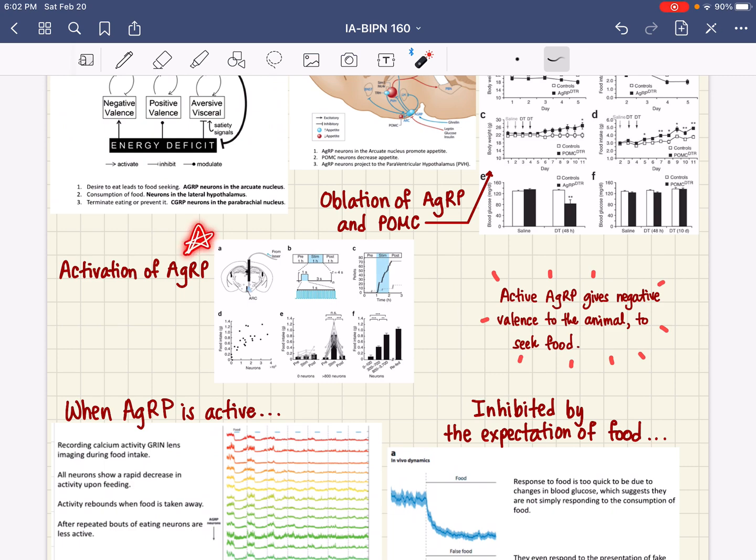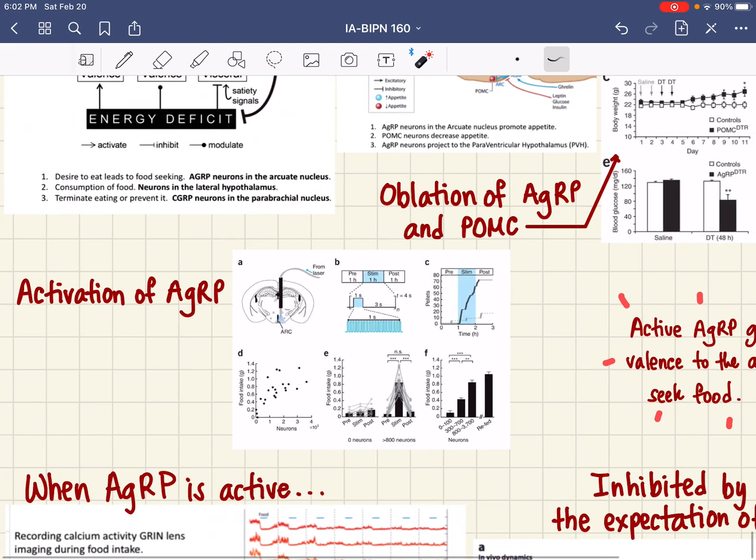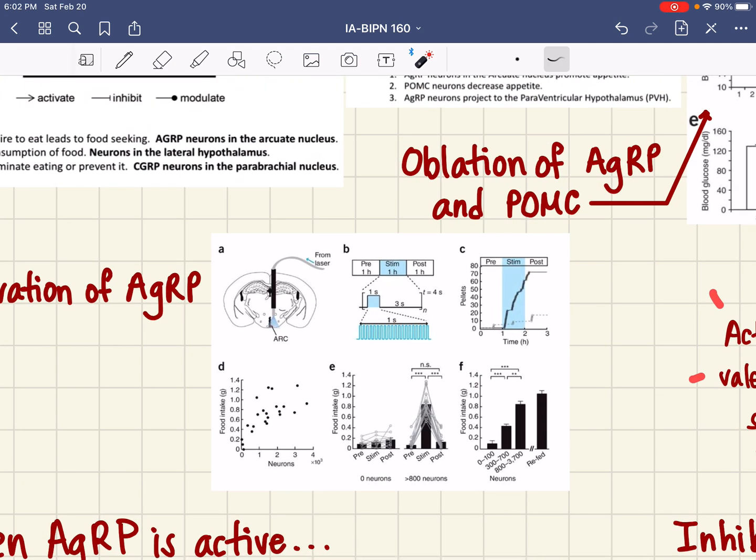In this study, they talked about how they activated AGRP with channel rhodopsin, and this is again a very simple study, right? If you activate the AGRP neurons by channel rhodopsin, then here where it is stimulated by light, you see that more of the pellets are being eaten by the mice, and then as soon as you stop stimulating, they just calm down again. But, that's crazy. As soon as you stimulate, they just start eating food, and then they don't anymore.